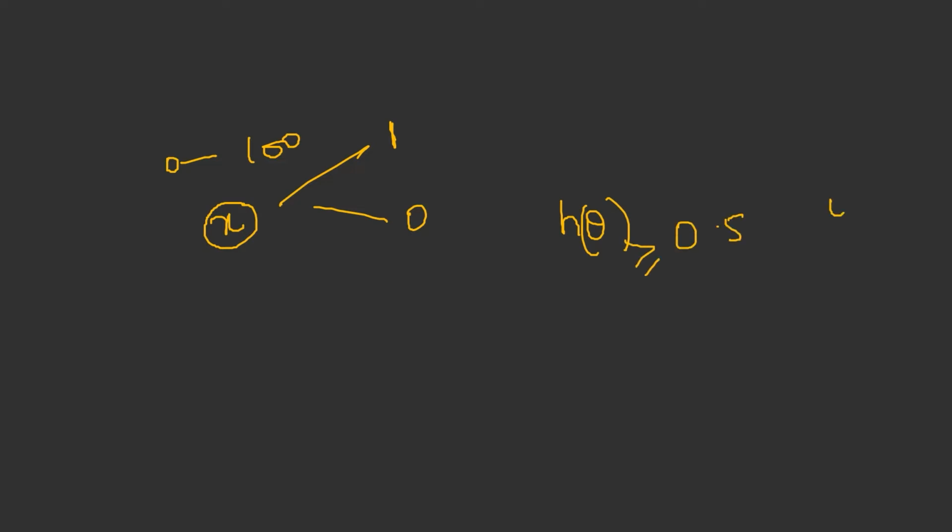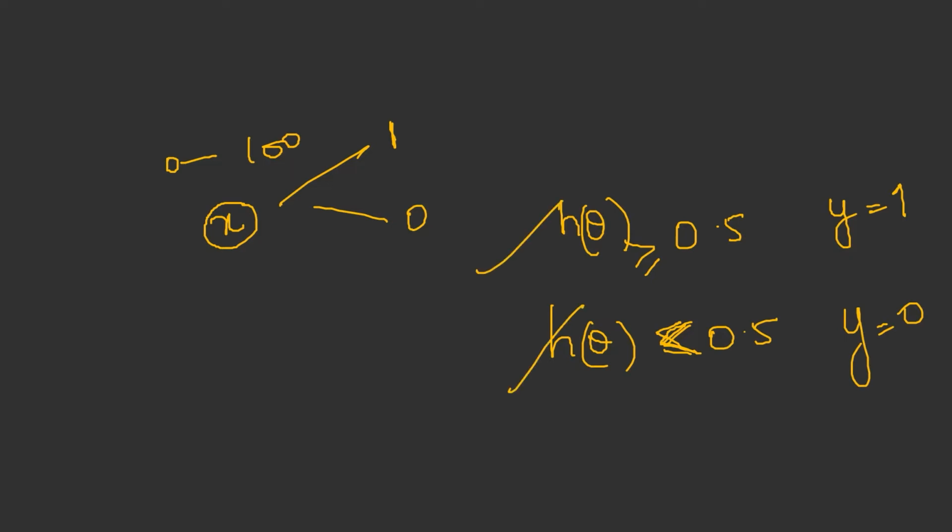We have to mention whether it is yes or whether it is no. So what I'm saying is, if the hypothesis value is greater than or equal to 0.5, then the predicted value will be 1, and if the hypothesis value is less than 0.5, then the predicted value will be 0. So this is the classification, whether the data belongs to the class or not. So it is in the range 0 to 1.